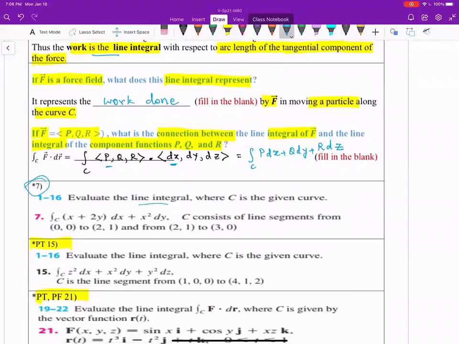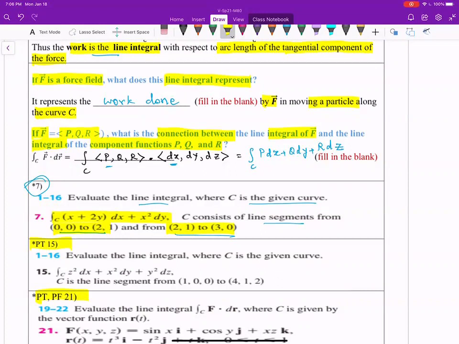Evaluate the line integral where C is a given curve. Integral over C, (x plus 2y) dx plus x squared dy, where C consists of line segments from (0, 0) to (2, 1) and (2, 1) to (3, 0). So C is made up of two line segments. One connects the origin to (2, 1). The second connects (2, 1) to (3, 0).